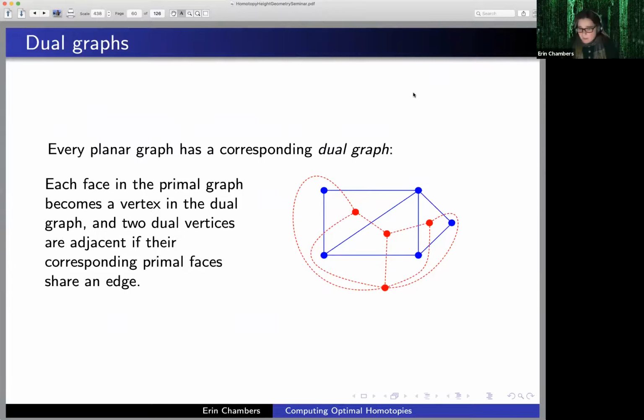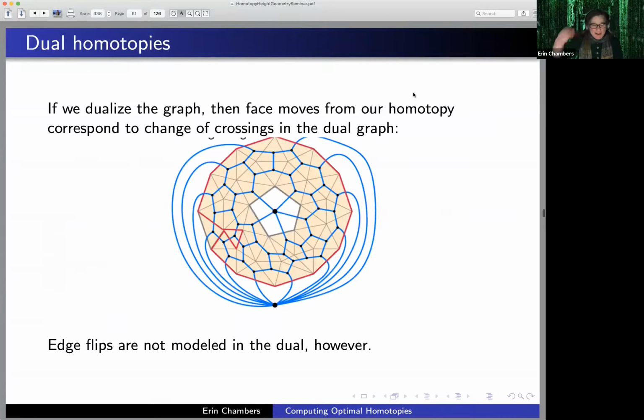So we already talked about dual graphs, clearly everybody's seen those. This is more for when I talk to other audiences. I'm going to assume most people know dual graphs here. So if I go back to my annulus and I dualize, now here's that blue picture again. This is what I alluded to earlier. Face moves from the homotopy correspond to, well, I'm choosing to cross differently in the dual graph, right? A particular curve, well, the red one crosses this sequence of blue edges.